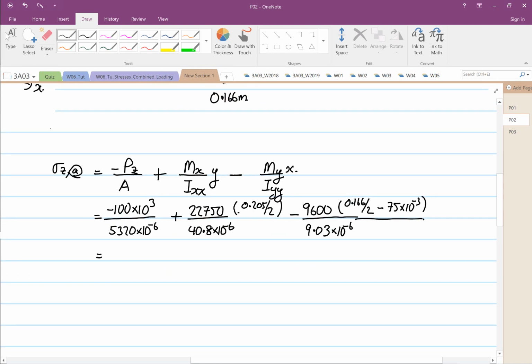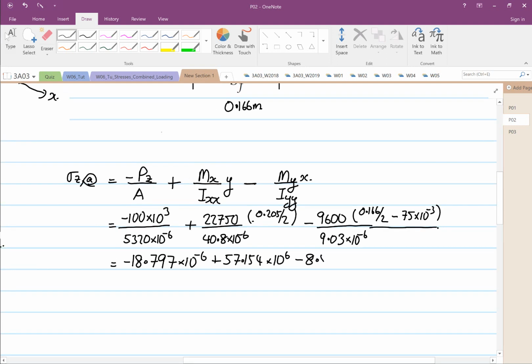So this is our stress at point A. It is equal to minus 18.797 times 10 to the power 6, plus 57.154 times 10 to the power 6, minus the last one, 8.505 times 10 to the power 6.